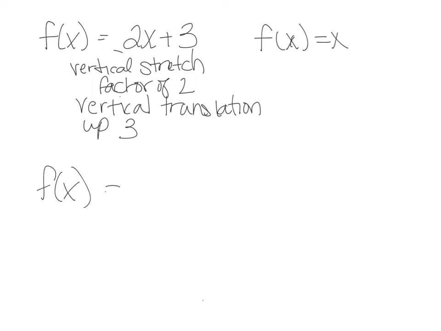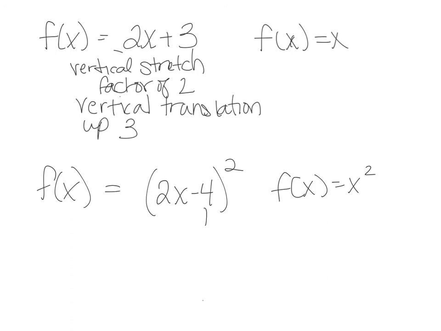F of x is equal to, let's say, 2x minus 4 squared. The parent function is f of x squared, which is a parabola. So here we'll describe it first, the horizontal translation. So this is a horizontal translation to its opposite, so it's right 4.